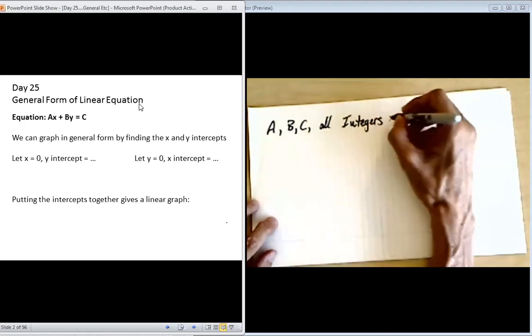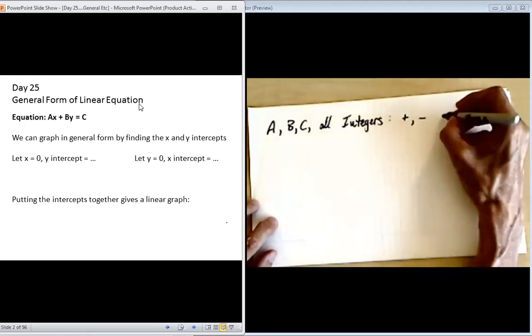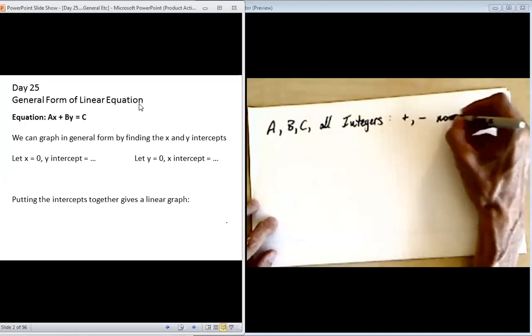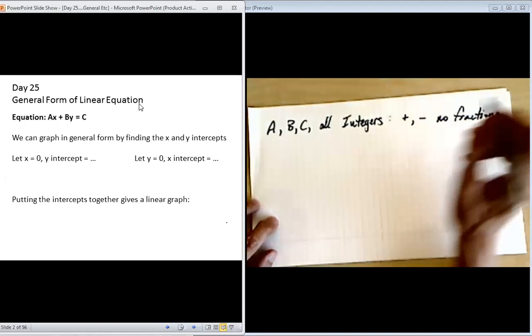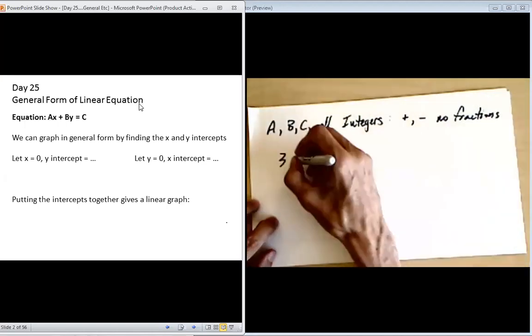So that means they can be plus or minus and no fractions. Okay, so this is okay.